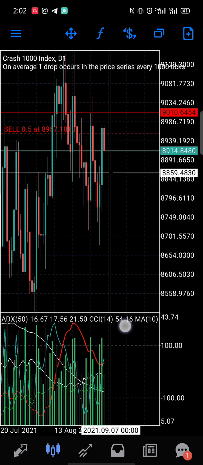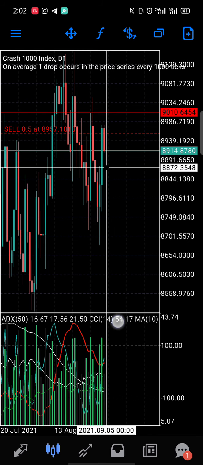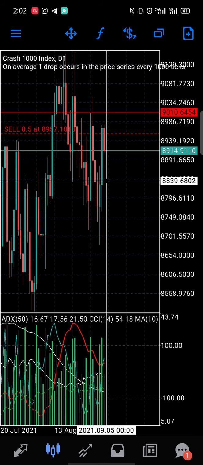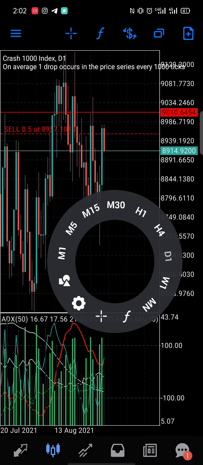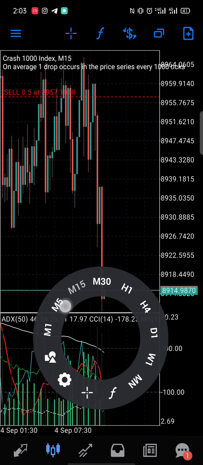So if I keep this trade from this point, if it gets to this point, that's a lot of pips, guys. So this is how we trade and make money.